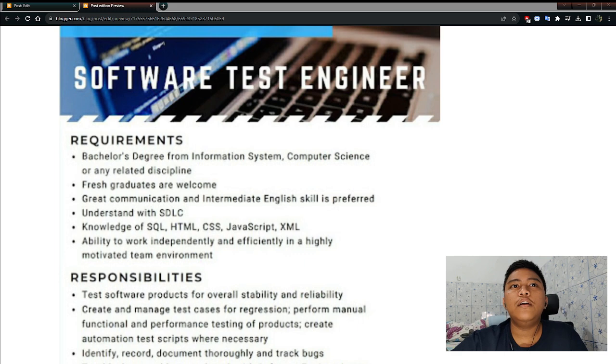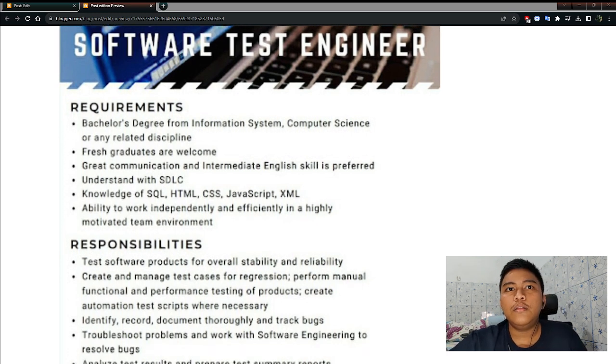So they have to be fresh graduates with great communication, and intermediate English skill is preferred. Understand the STLC, knowledge of SQL, HTML, CSS, JavaScript, and XML.